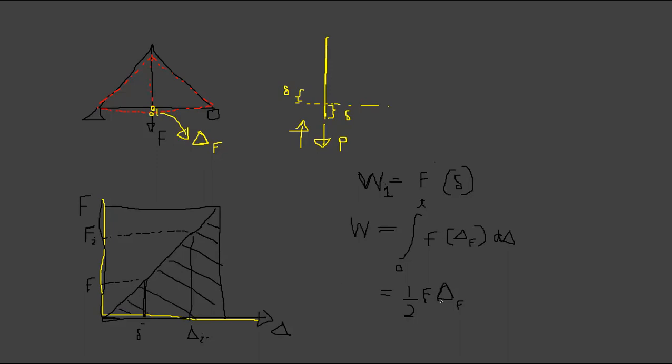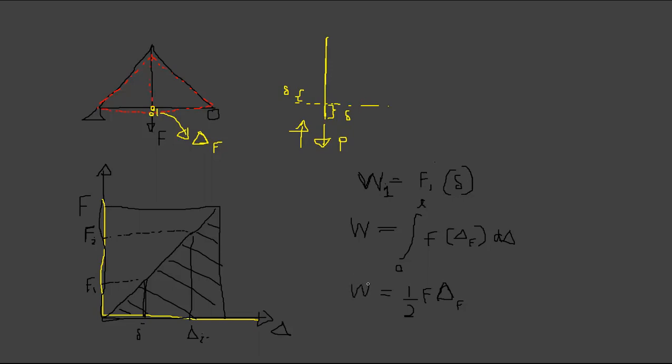So the total work done is given by this, right? So this is F1 and delta 1. So the total work done is given by this one.